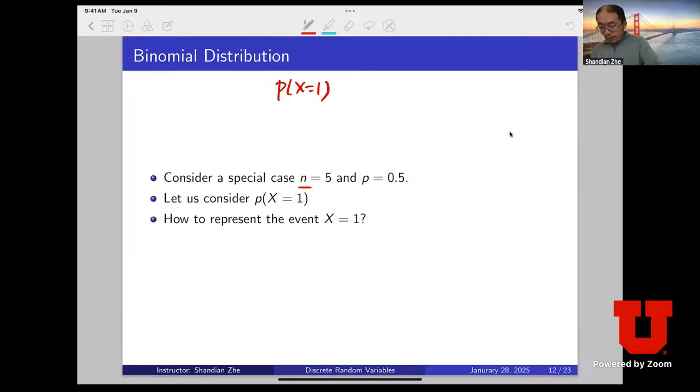So what's the probability that X takes 1? The answer to that might not be that explicit, right? But let us just follow the definition. This is talking about the probability of the event X equals 1, right? So what does this event include?